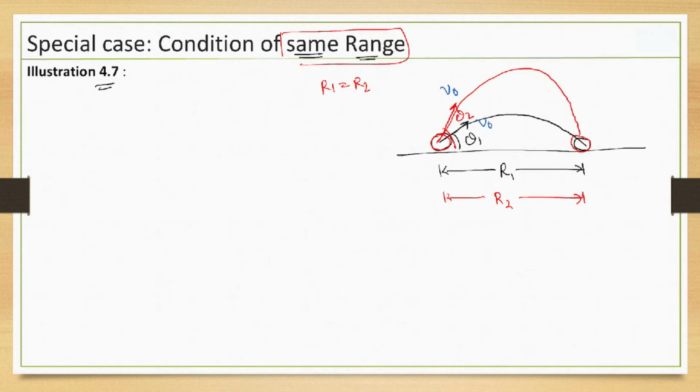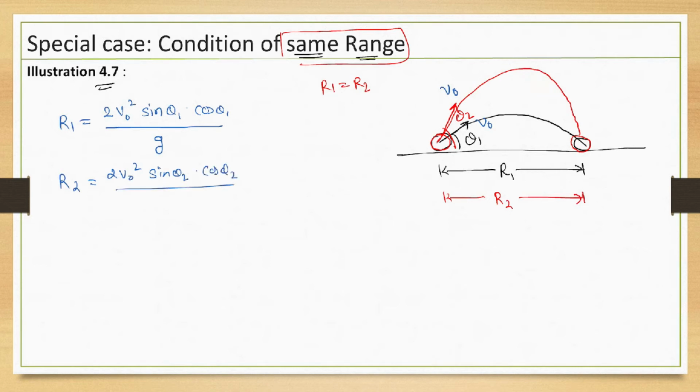Let's consider what R1 actually is. R1 is equal to 2 v naught square sin theta 1 into cos theta 1 upon g, that is equation one. Now consider R2, which is equal to 2 v naught square sin theta 2 into cos theta 2 upon g.